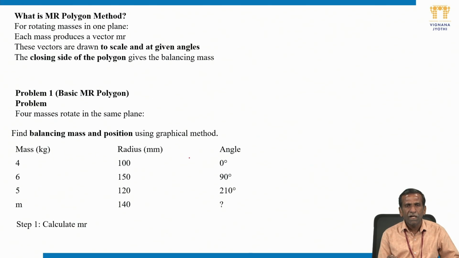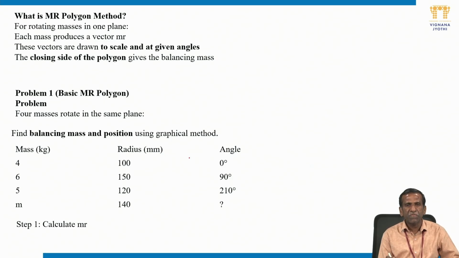Okay, we are going to discuss now the actual polygon method. Like this any problem you can attempt. If it is force balance only, you need to draw the force polygon, that is enough. If it is couple as well as force, that is the dynamic balancing case, you need to draw the couple polygon as well as the force polygon.